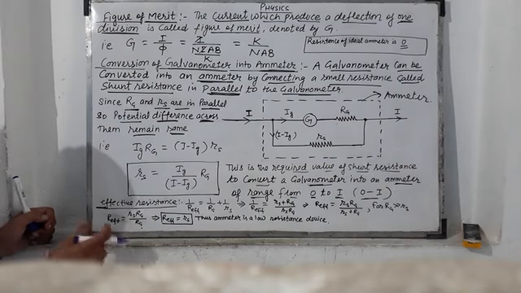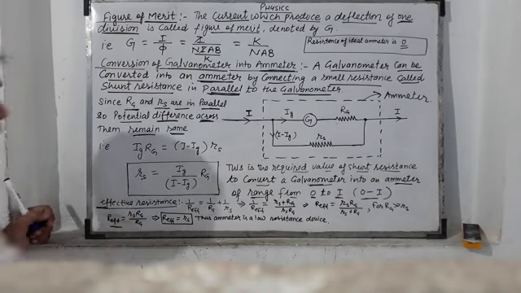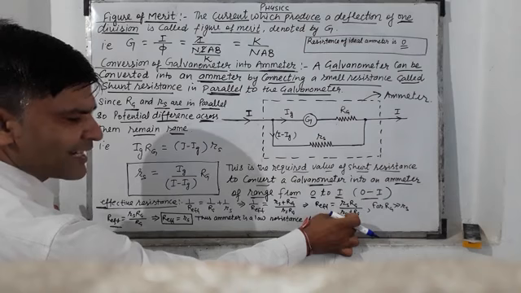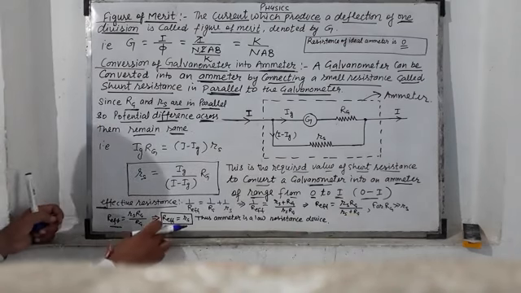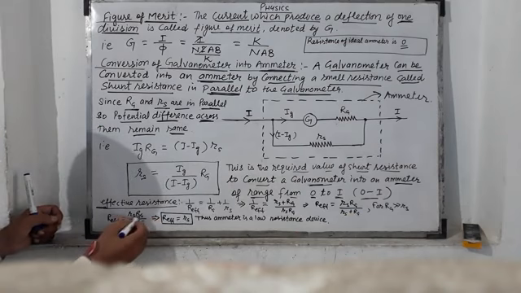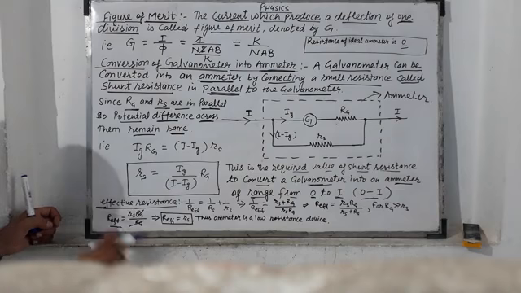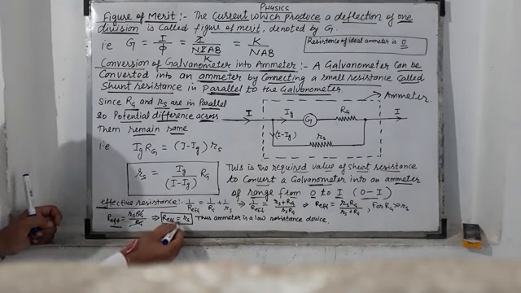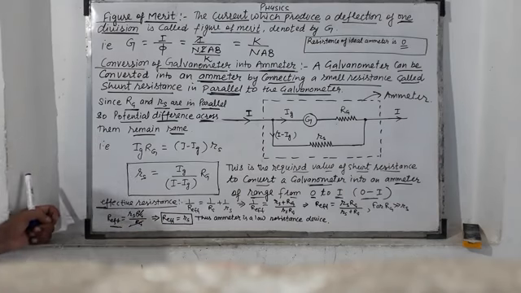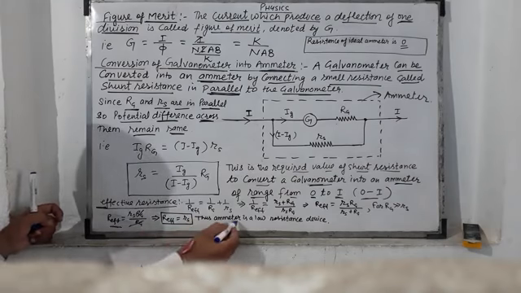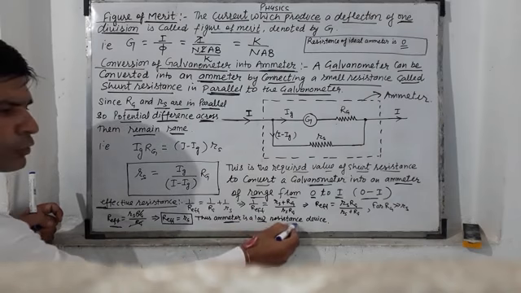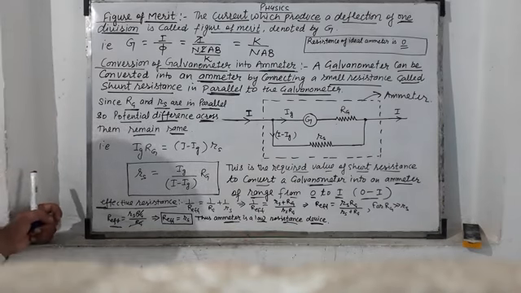We get R effective equal to RS RG upon RG, RG cancels out, and R effective is equal to RS. As RS is very small, the ammeter is a low resistance device.